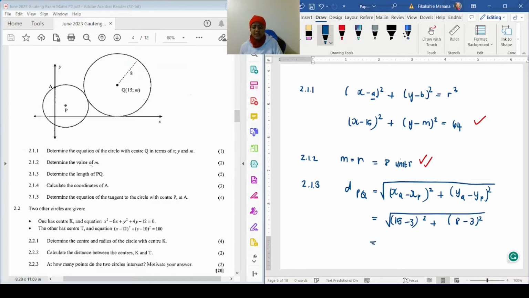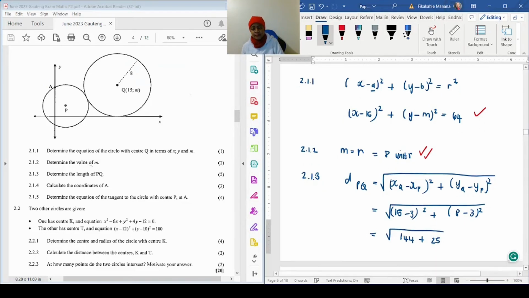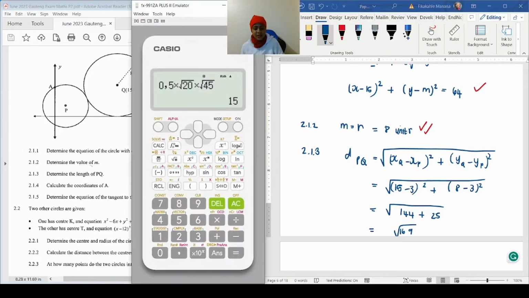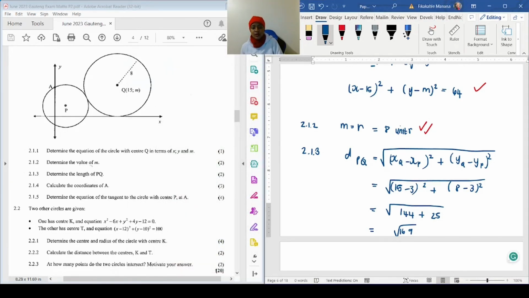So we have 15 minus 3, which is 12, and 12 squared is 144. 8 minus 3 is 5, and 5 squared is 25. Then we have 169. Isn't that 13 squared? Yes. So PQ is 13 units.